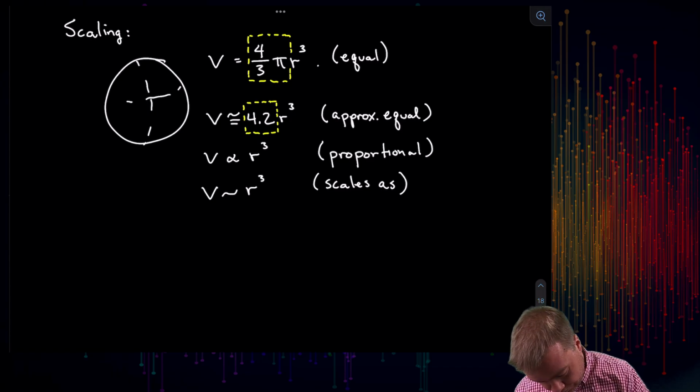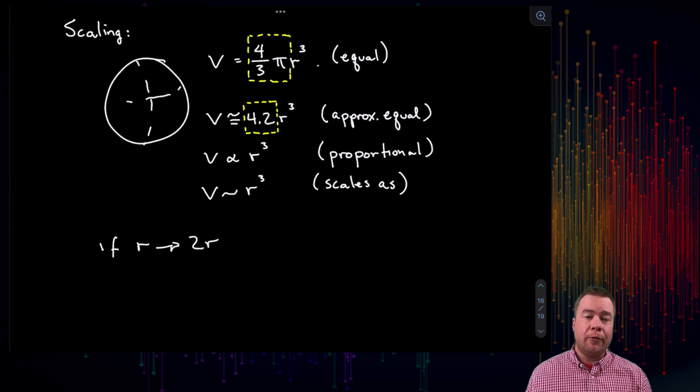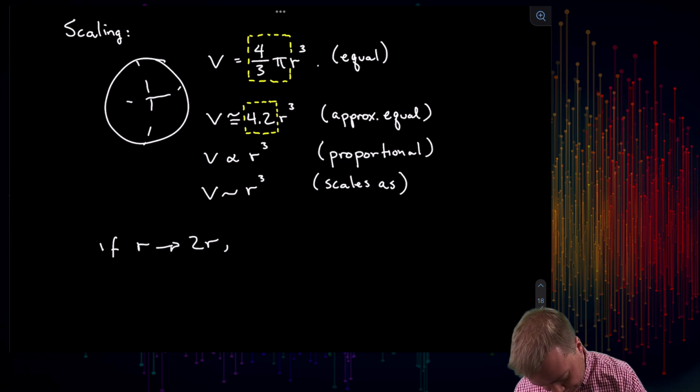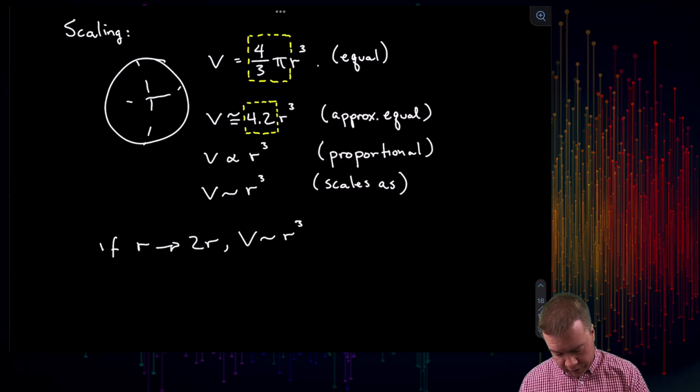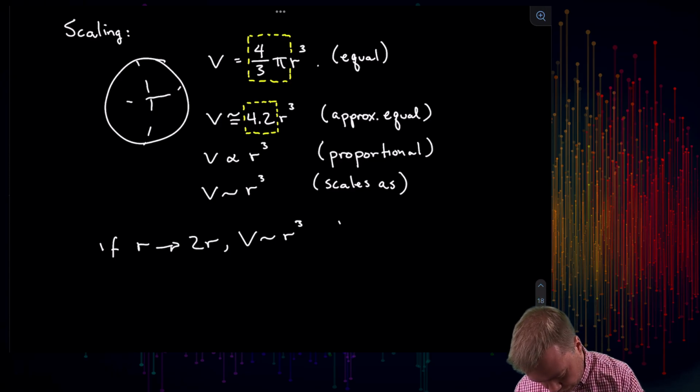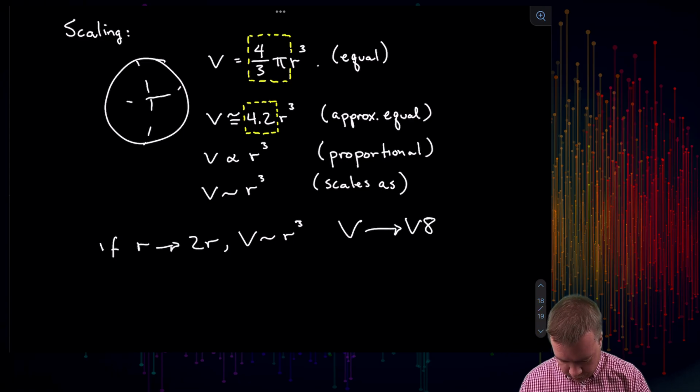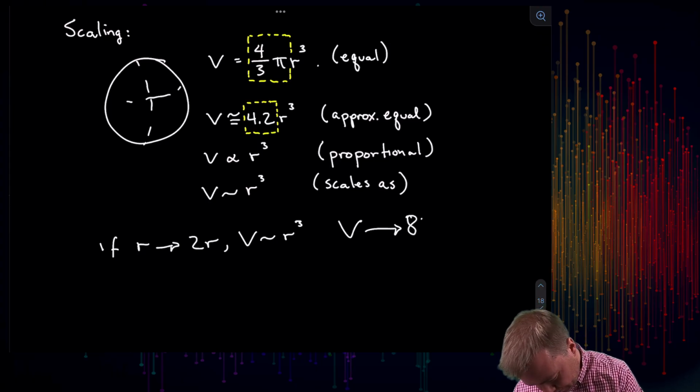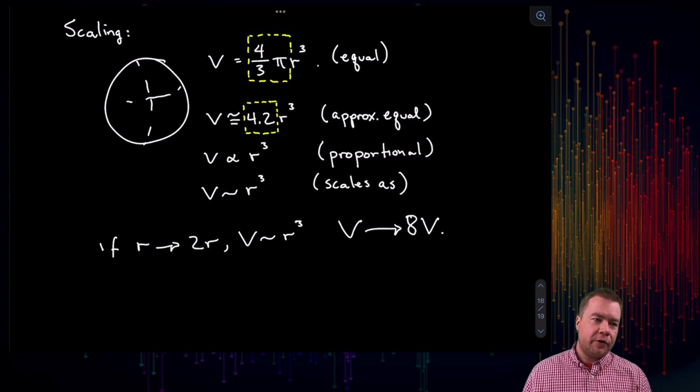So in this way, you could figure that, for example, if you double the radius of something, then since the volume scales as r cubed, you would expect that your volume would end up being 8 times as large. It'd be 8 times as large if you doubled the radius, right?